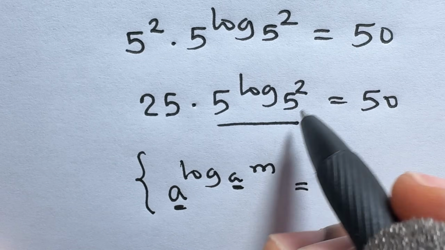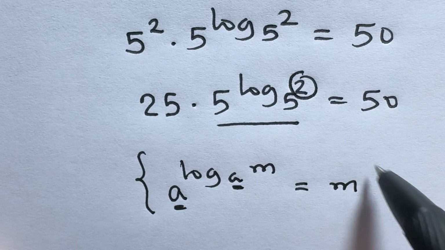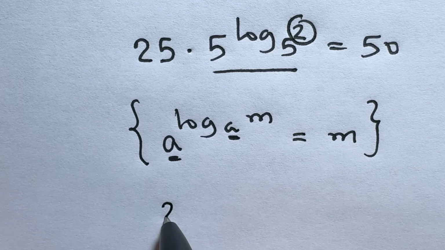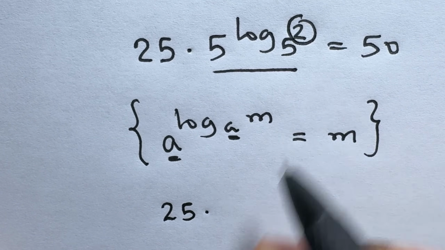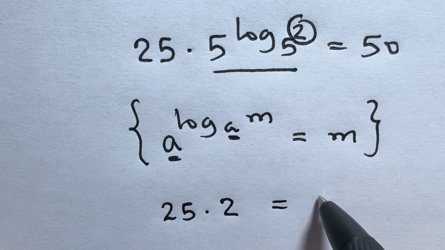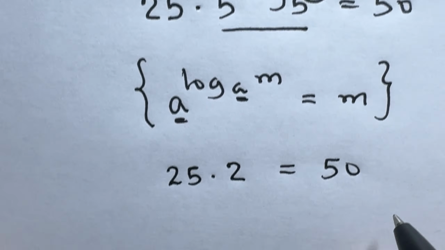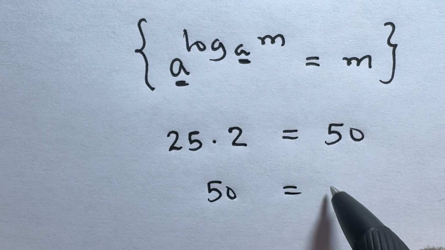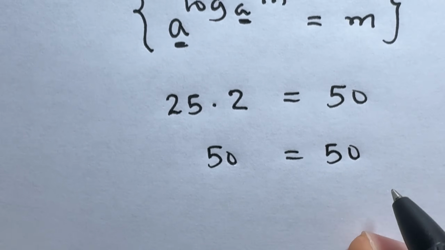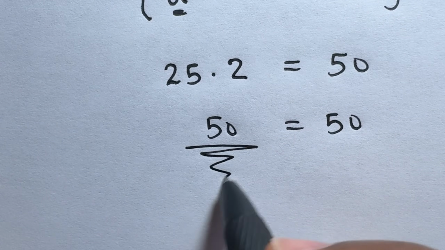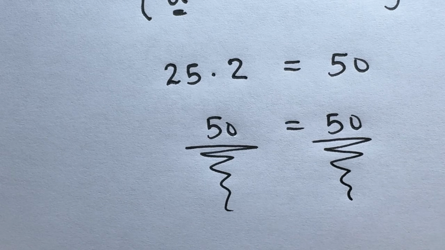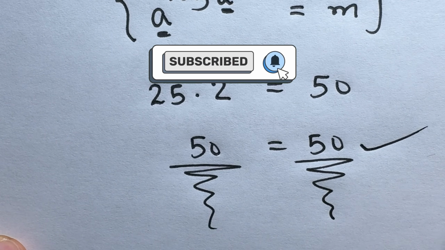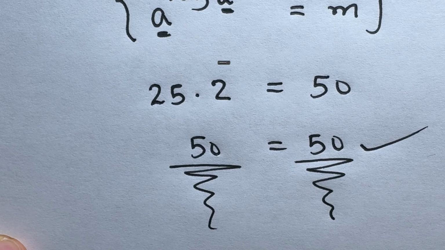The bases are the same, so this will give us 2. Then we have 25 times 2 to give us 50. 25 times 2 is 50, so we have 50 is equal to 50. And since the left hand side balances the right hand side, it confirms that the value we got for a is perfectly correct.